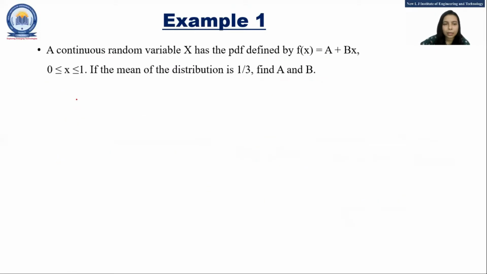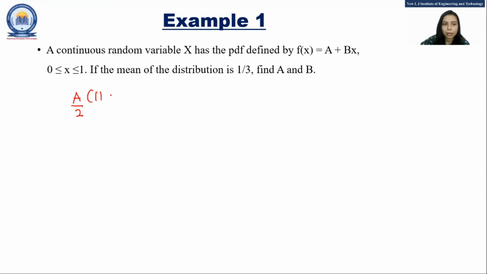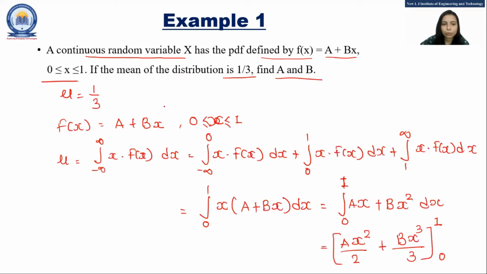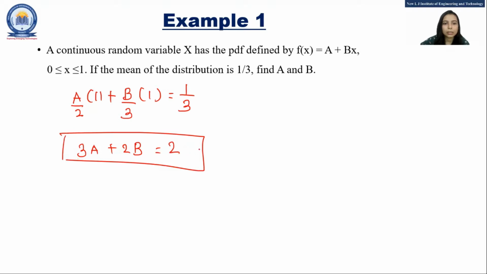So a by 2 into 1 plus b by 3 into 1 is equal to 1 by 3, because the value of mu is 1 by 3. So 3a plus 2b is equal to 2. This would become equation number 1.